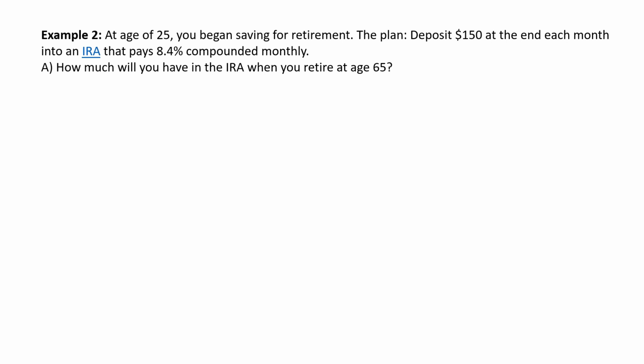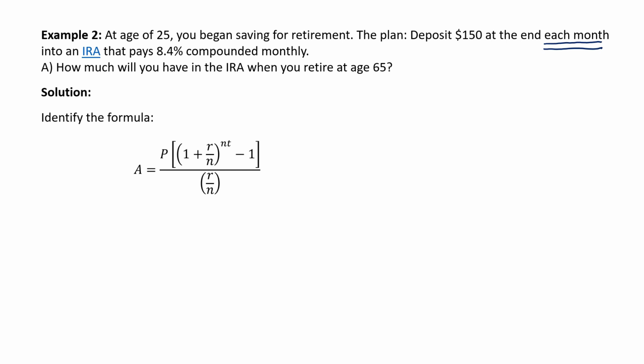How much will you have in the IRA when you retire at age 65? To figure out which formula you need, notice that you do something periodically. That is, you make a payment each month. So in the solution, first identify the formula, and that's for the future value of an ordinary annuity.